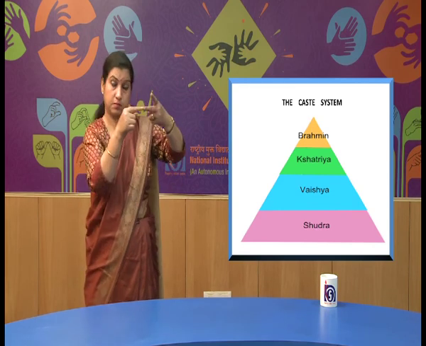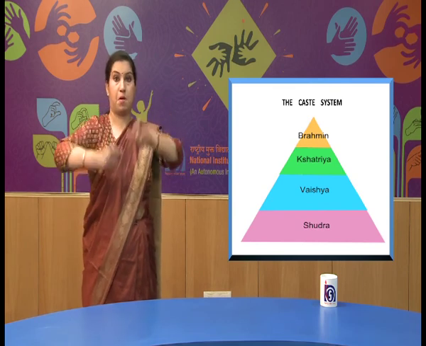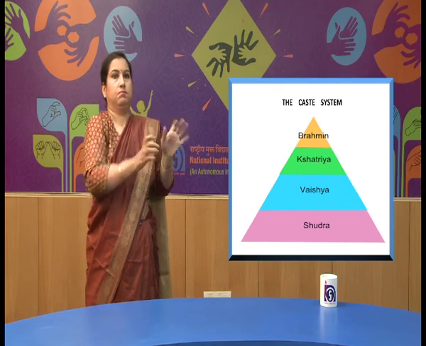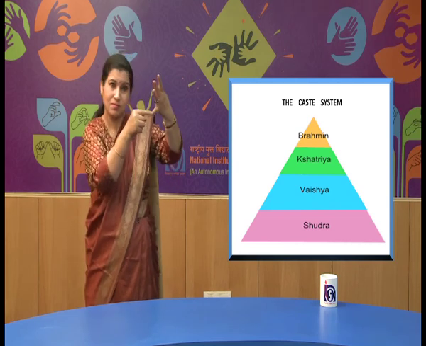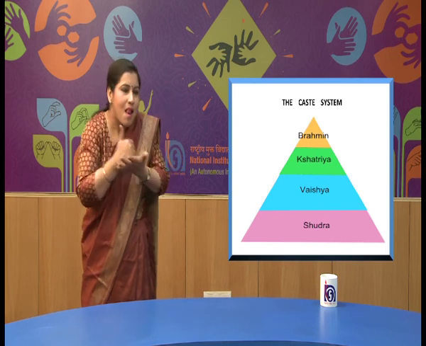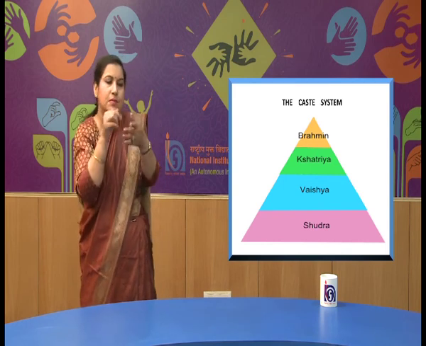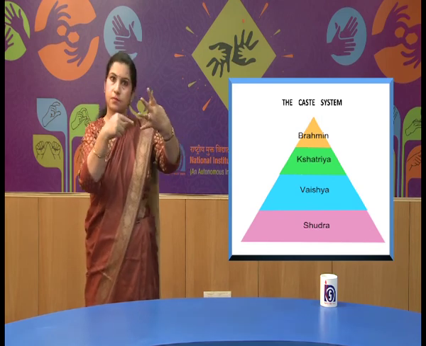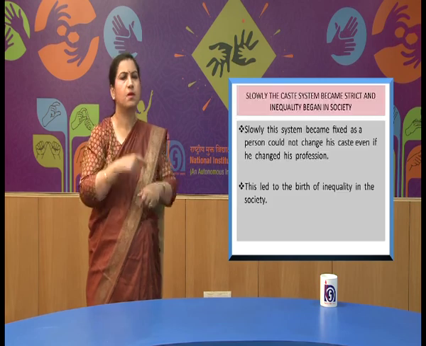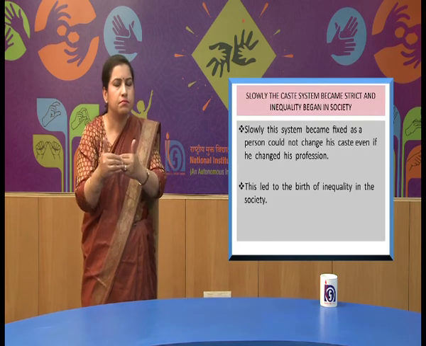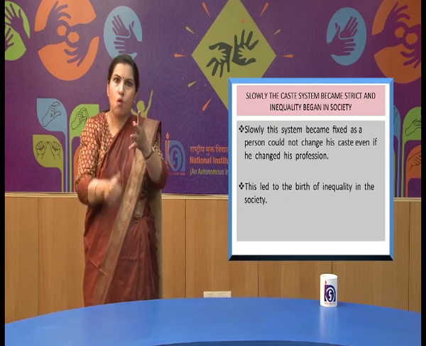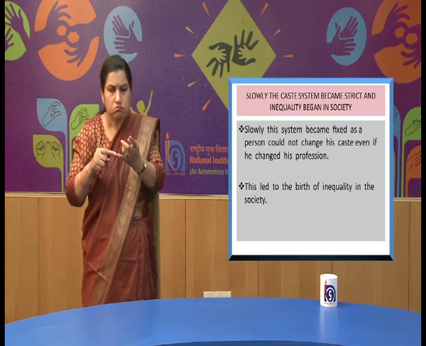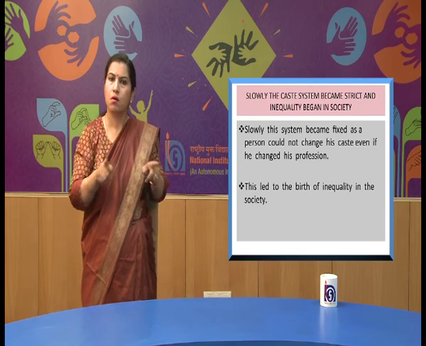The Vaishyas did business and agriculture, and work of the Shudra was to serve the upper three castes. Slowly, this system became strict as a person could not change his caste even if he changed his profession.